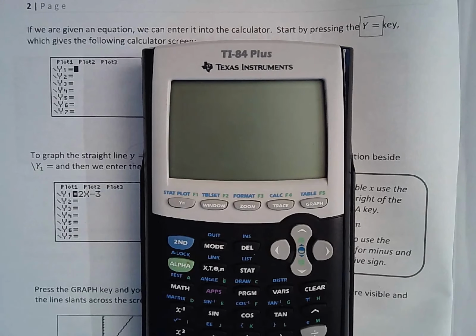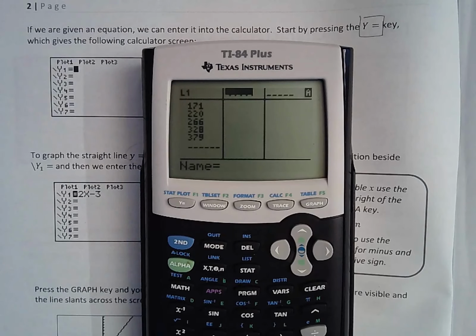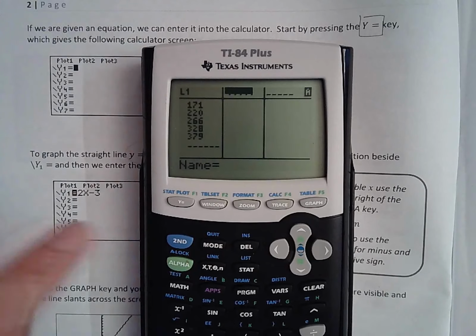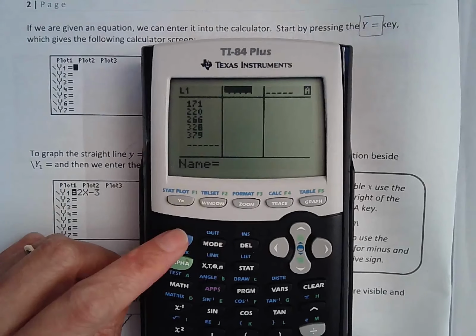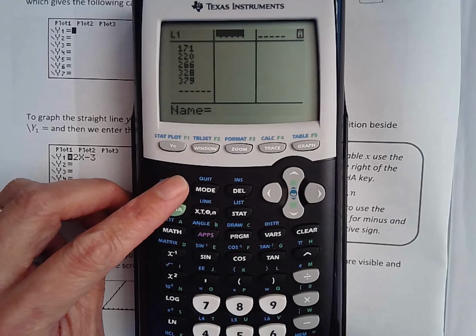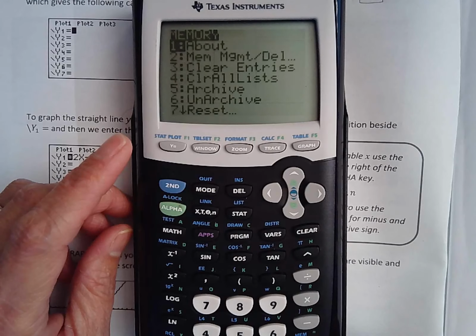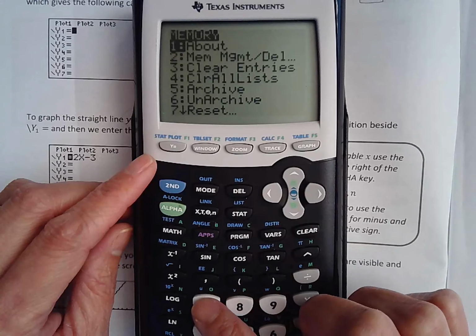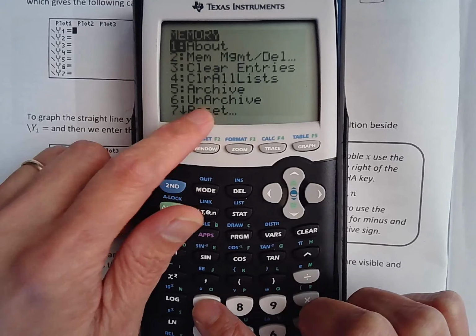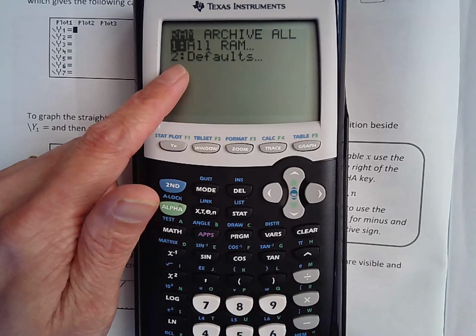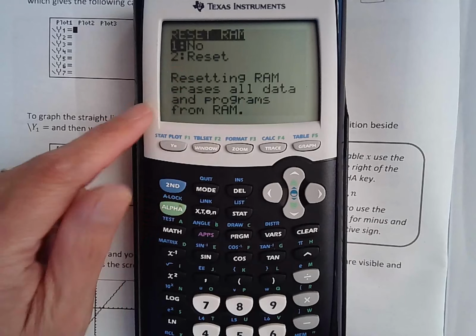So once you have your calculator, let's reset everything. Do you remember how to reset everything? You're gonna go second, plus, and then 7, reset, and then number 1, and then 2.